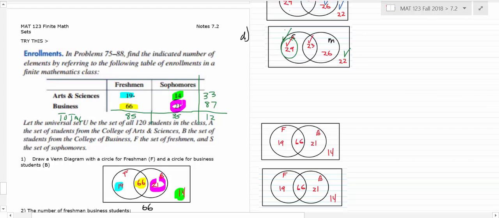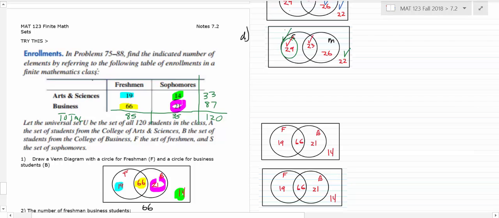When you do these tables, these are what we call disjoint sets. The total number of arts and sciences students would be 19 and 14, which is 33. The number of freshmen and sophomores total would be 87. If you total it this way, there were 85 freshmen and 35 sophomores. And if you total both of these this way and that way, you get 120.